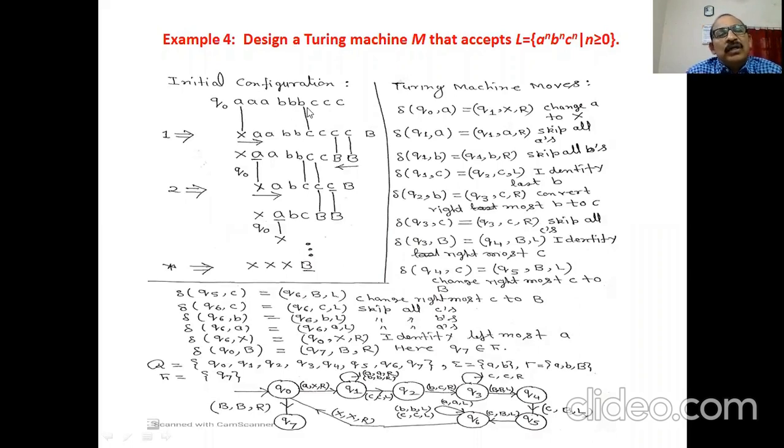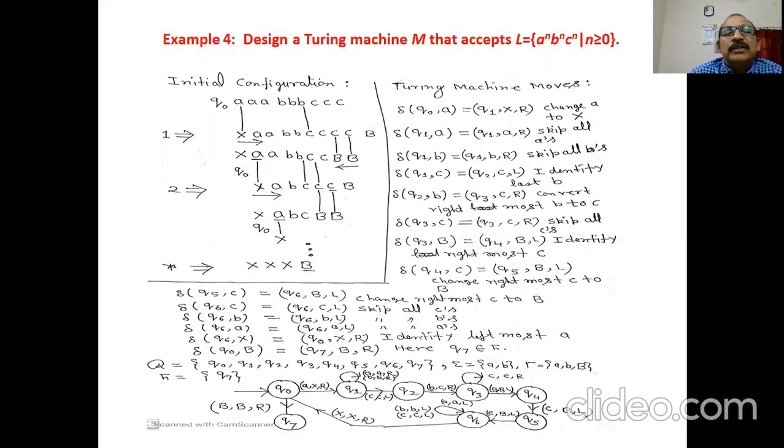Okay. Now again, there are several ways you can design a Turing machine with the help of different algorithms. Now here the technique is as follows. We convert the first A into X, skip all A's and all B's except the rightmost B. We replace the rightmost B with a small c.